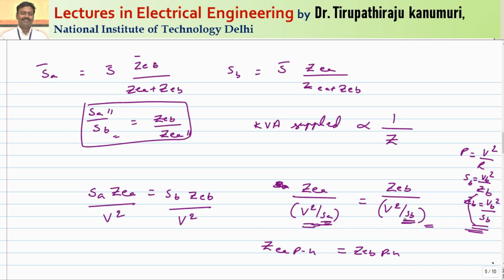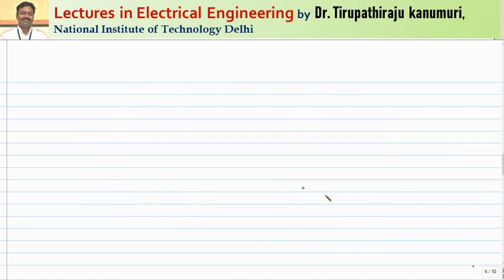So now we can conclude that the desirable condition for parallel operation of the transformers is that the impedance per phase, the per unit value, should be equal for both the transformers. So I am representing that in the next page. ZEA per unit should be equal to ZEB per unit.